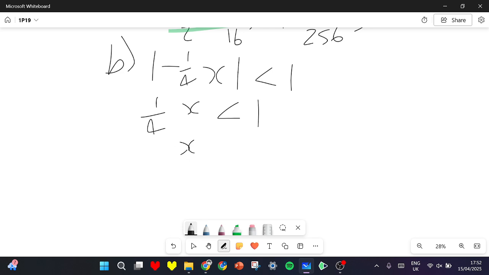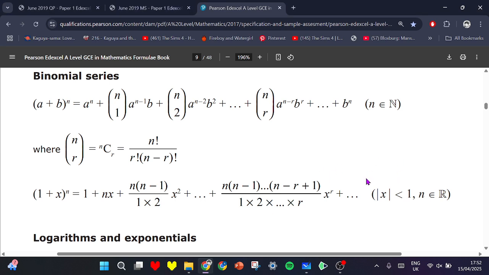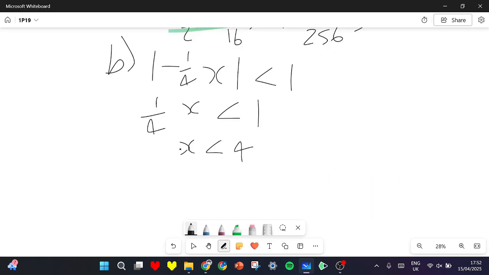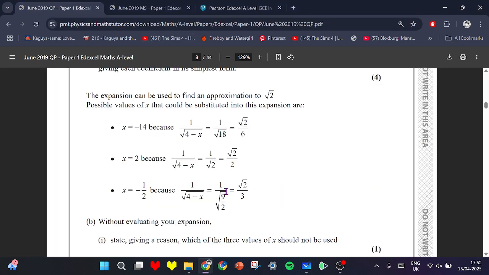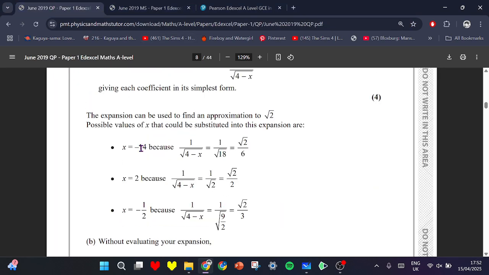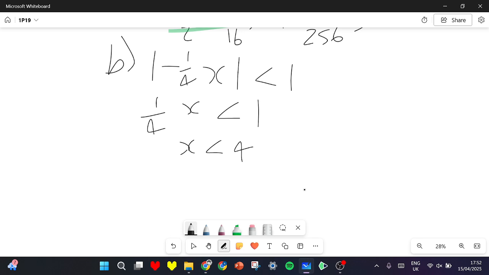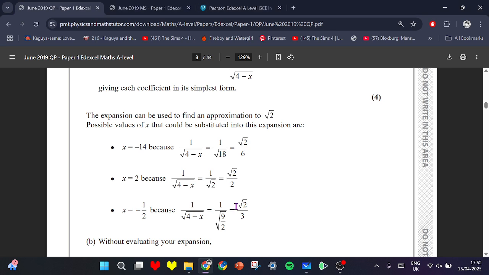So our condition, rather than x being less than 1, is x has to be less than 4, right? Okay, so going back to here, they used x's, I guess keep the modulus bit as well, in case they use minuses.